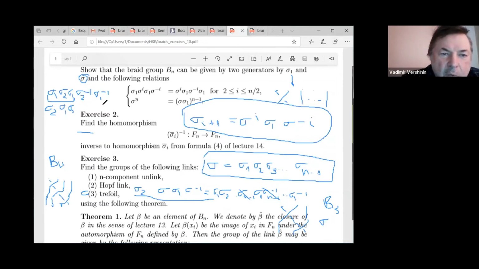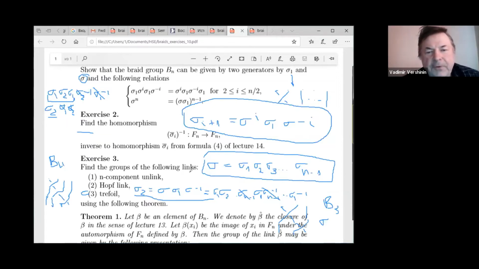And here we have exactly these two guys squared, inverse. So you kill this one, and this one, this one, and this one, right? So it gives you sigma 2. What we need. Very good.